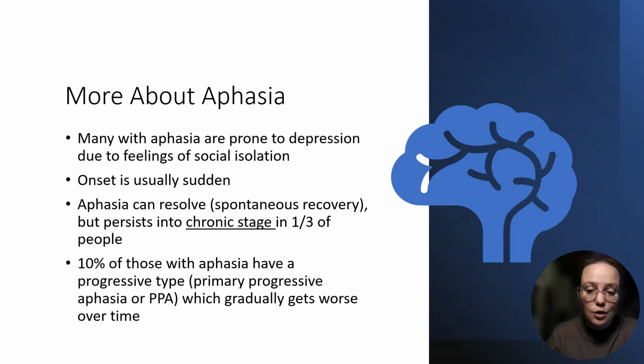Other things are present, usually because of the social isolation and the impairments of communication that often coincide with aphasia, as well as the loss of friends or family because of the massive life change that a brain injury causes. Depression is pretty common in aphasia. I saw a recent statistic that someone was estimating about 30% of people with aphasia may also have depression.